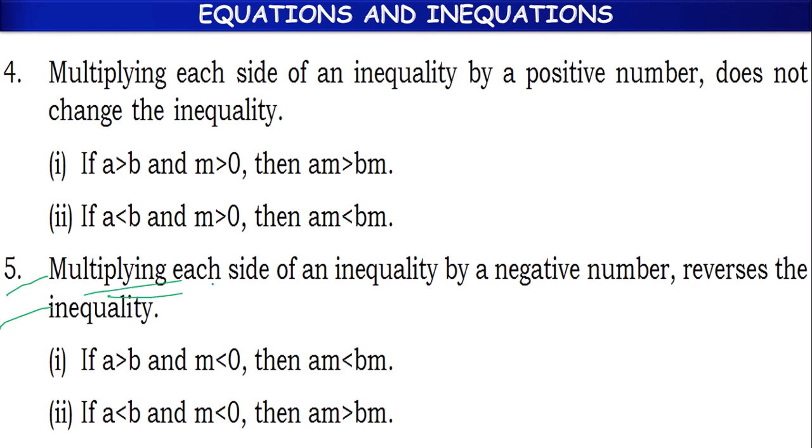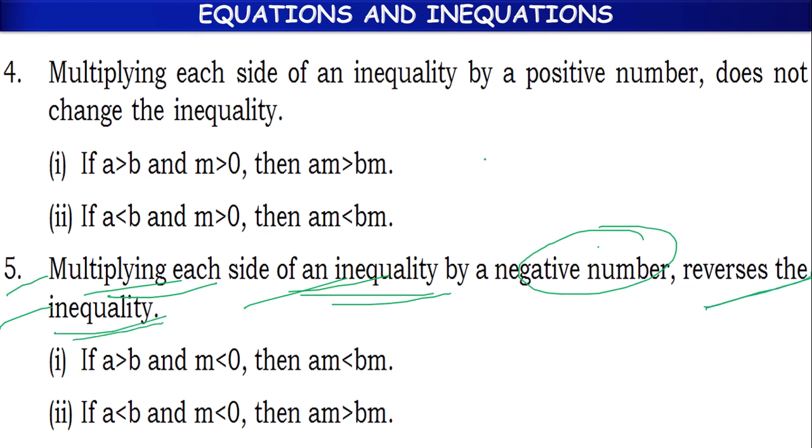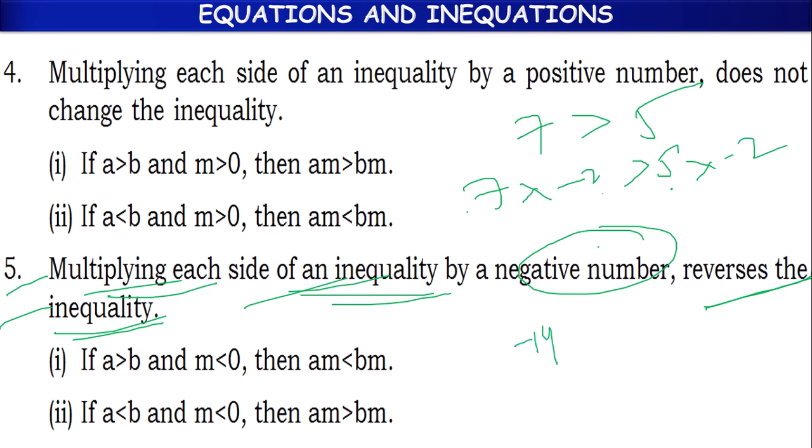Suppose we multiply each side of an inequality by a negative number, then the inequality will be reversed. If A is greater than B, if 7 is greater than 5, and you multiply with minus 2 on both sides, 7 into minus 2 is minus 14, 5 into minus 2 is minus 10.